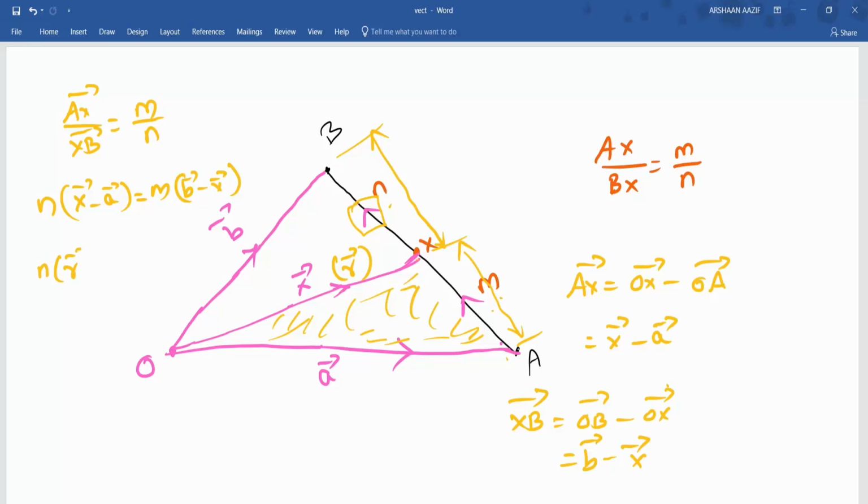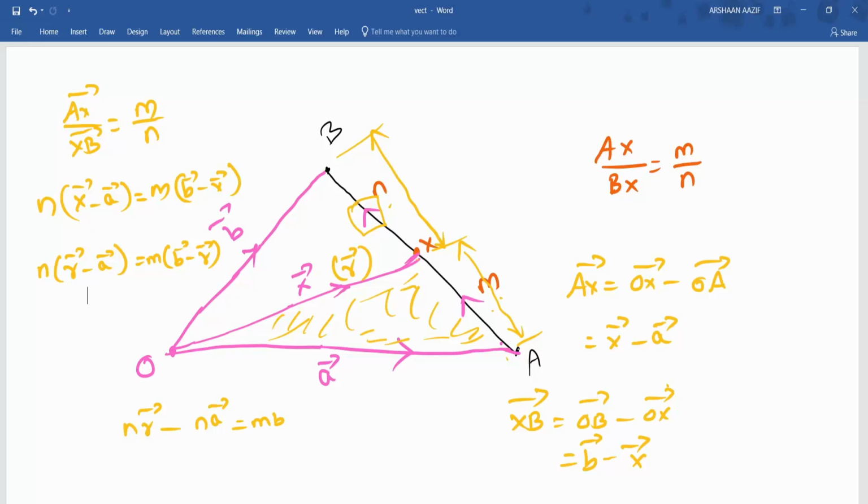So n into, instead of X I am writing it as the r vector minus the a vector, is equal to m into b minus the r vector. Now our objective is to find the position vector r vector, so we are finding the coordinate. If you remember from the previous cases, you would have found the x comma y of the point which divides the line in the ratio m is to n. Here we are trying to find the vector formula, the r vector.